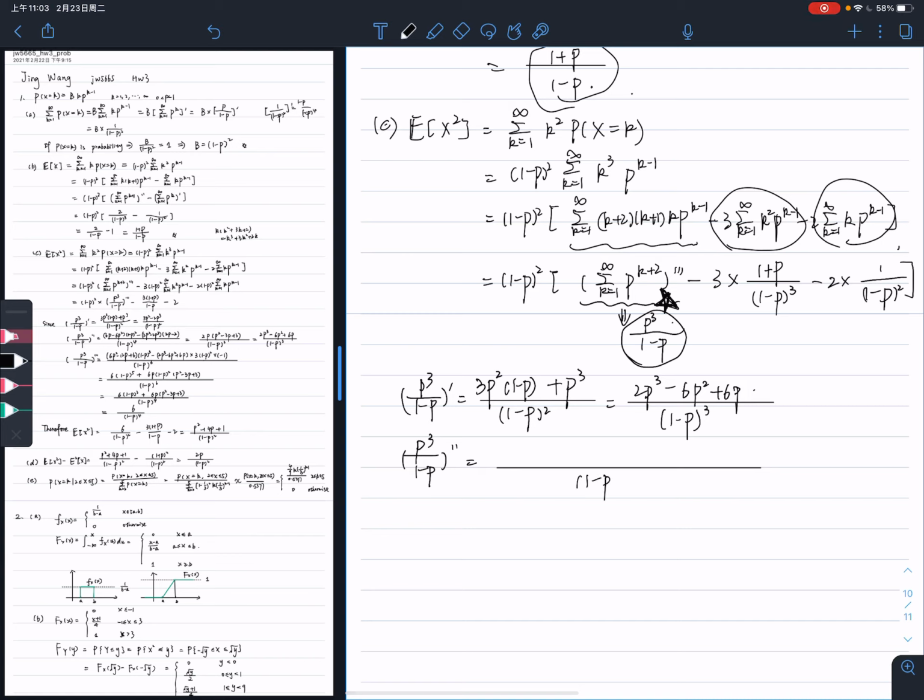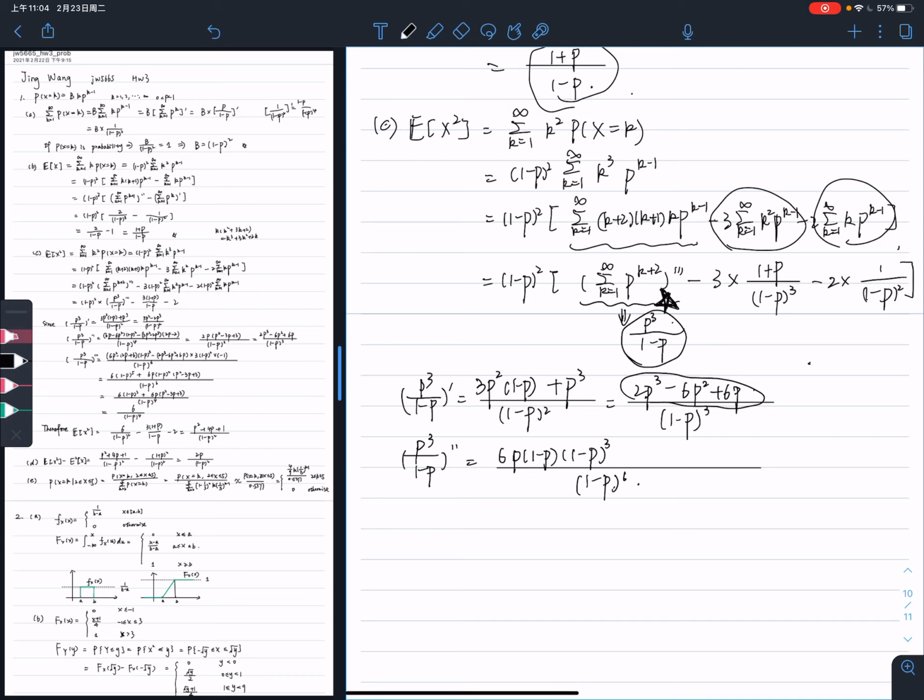(1-p)^6. So this is 6p(1-p). So the gradient of the dominant is 6p times (1-p) times (1-p)^3.